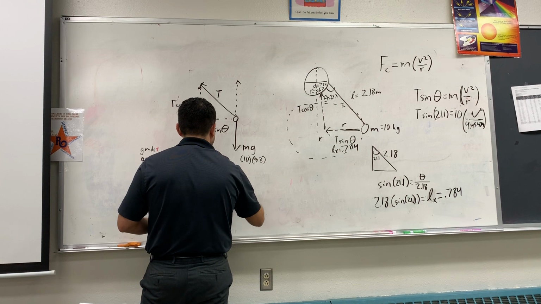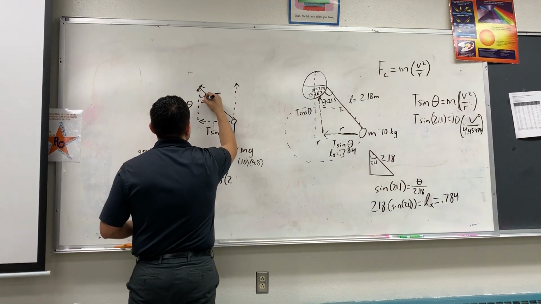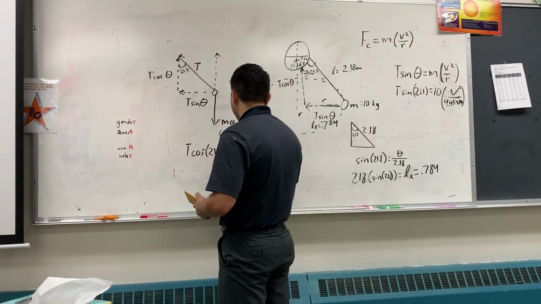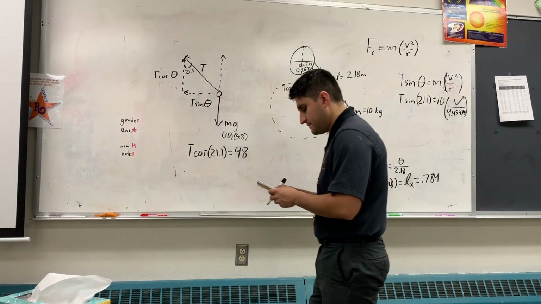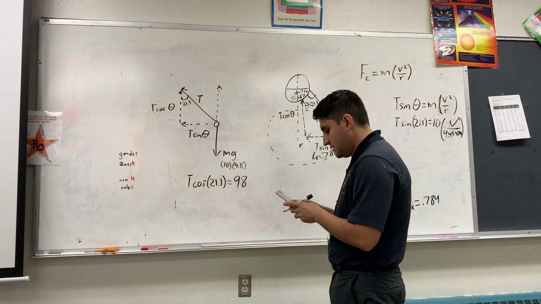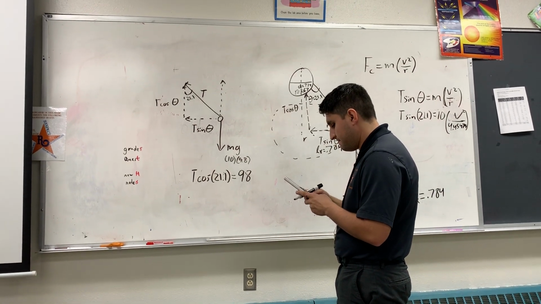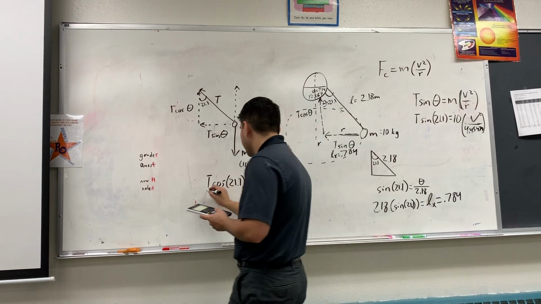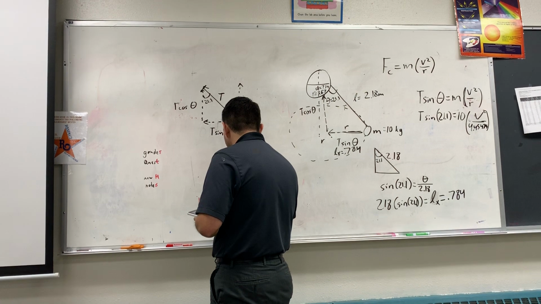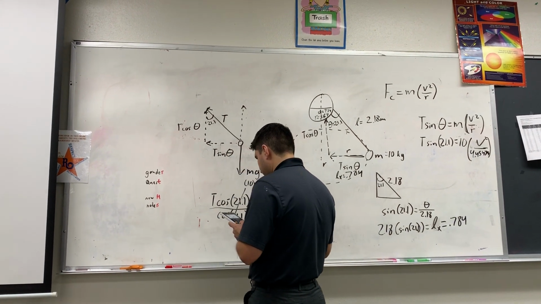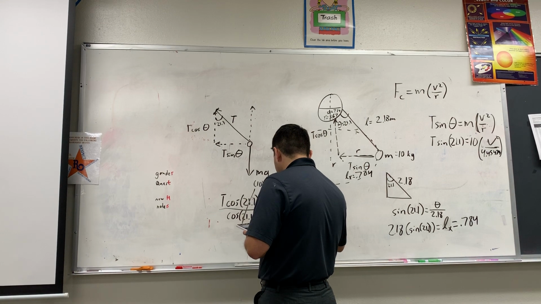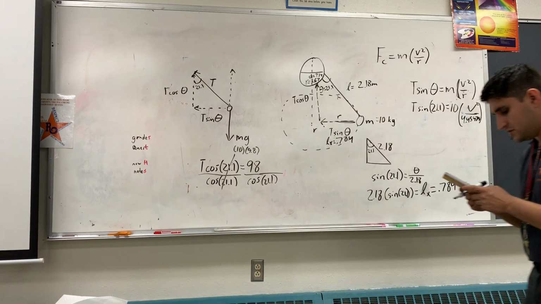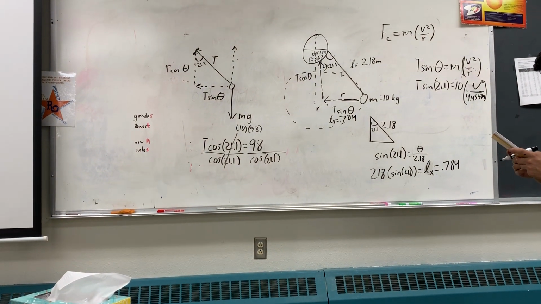T cosine of, and they told me this was 21.1. T cosine 21.1 is going to equal 98. So let's see what that tension is. 98 divided by cosine of 21.1.